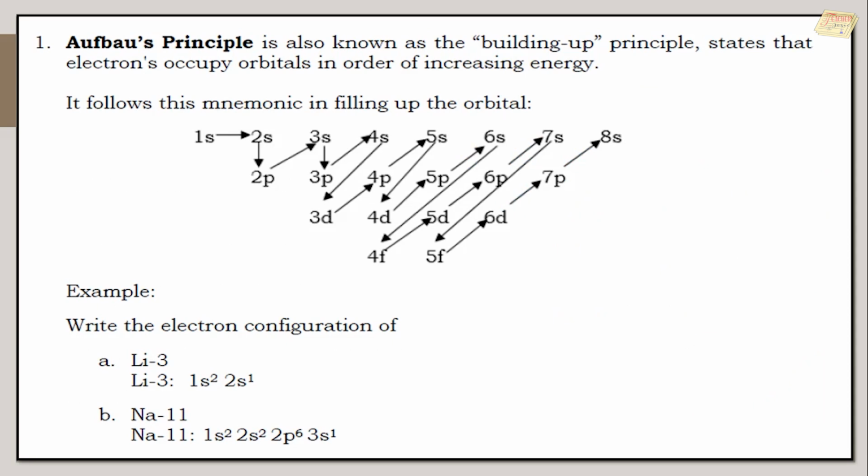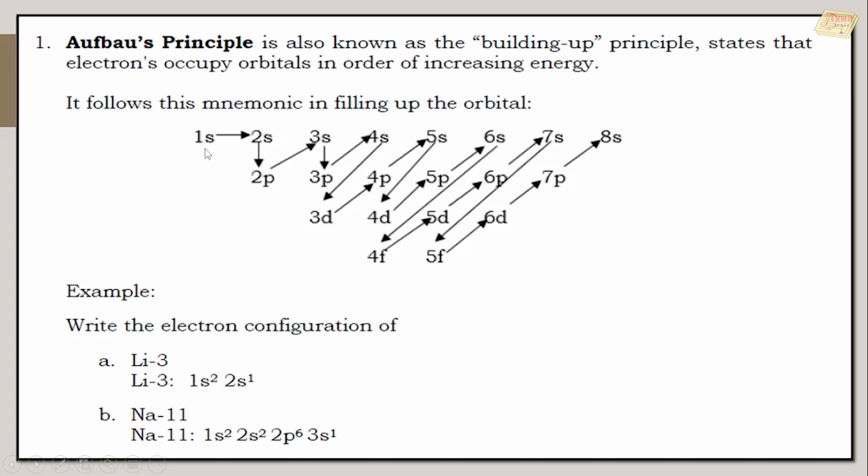Aufbau principle is also known as the building up principle. It states that electrons occupy orbitals in order of increasing energy. It follows this mnemonic in filling up the orbitals.